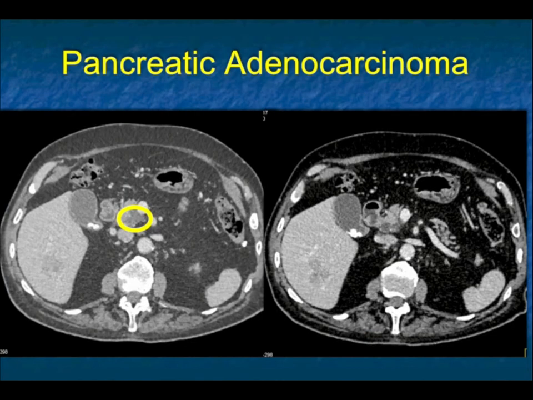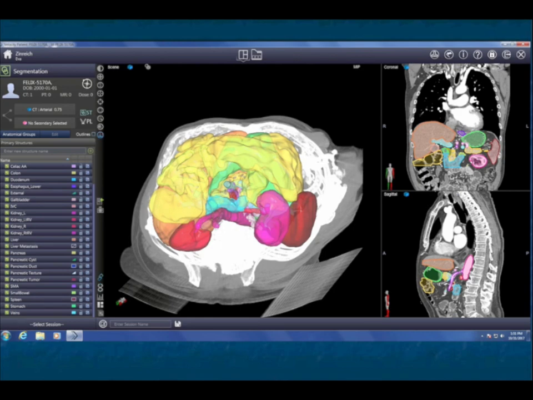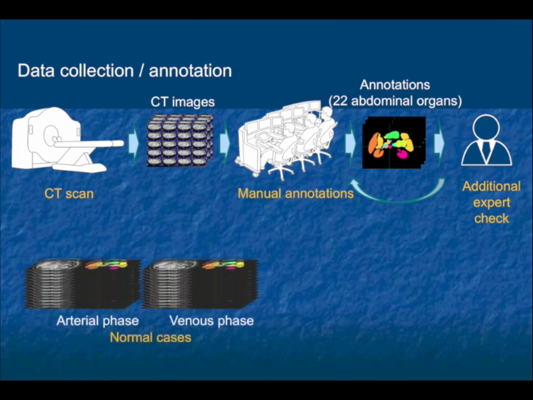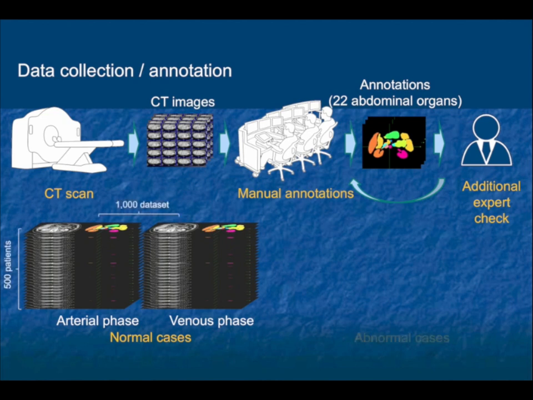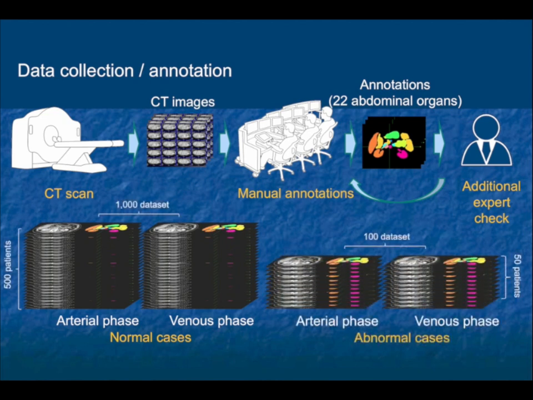We then taught the computer to recognize pancreatic cancer. Same thing, we isolated all the structures, showed the tumors, created the mapping of the tumor, and then using the computer with segmentation, expert systems, looking at both the arterial and venous phase imaging, we have been able to learn what tumors look like.